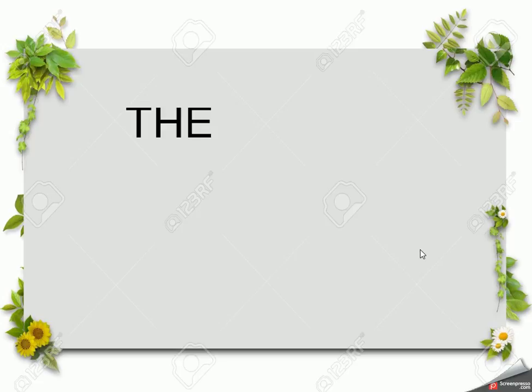So we've looked at "the", which tells us we're referring to a specific thing. So the fish, I'm pointing at the fish, it's that fish in particular. We've looked at "a", how it refers to things in general. So can I see a car? It could be any car.